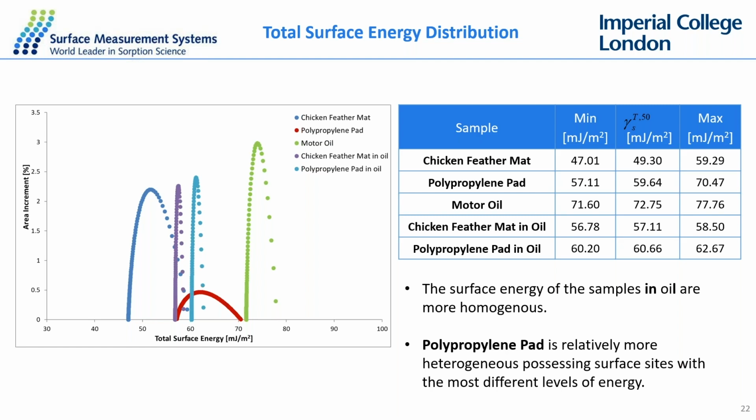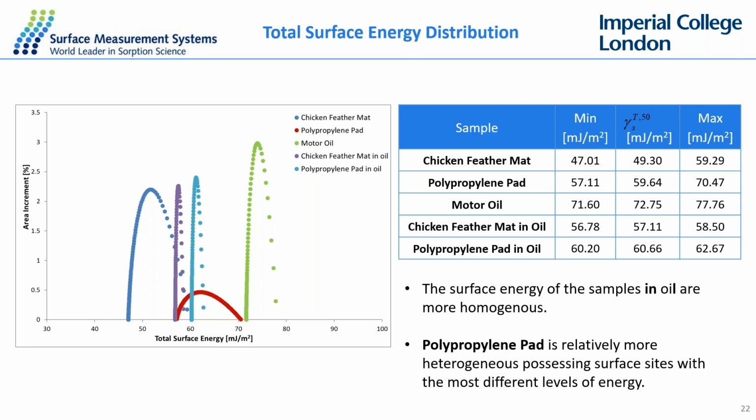We see that the wider the gap on the x-axis, the more heterogeneous the sample. So from the graph, we see that the polypropylene is relatively more heterogeneous and possesses surface sites with the most different levels of energy.